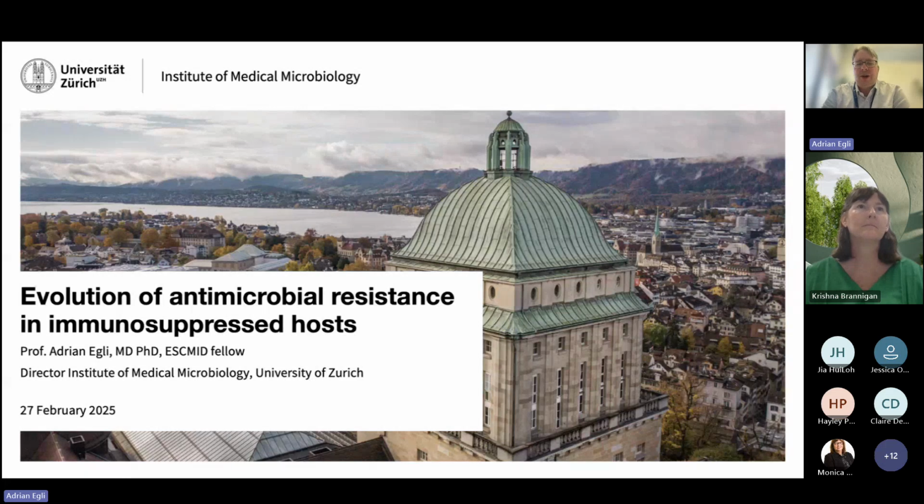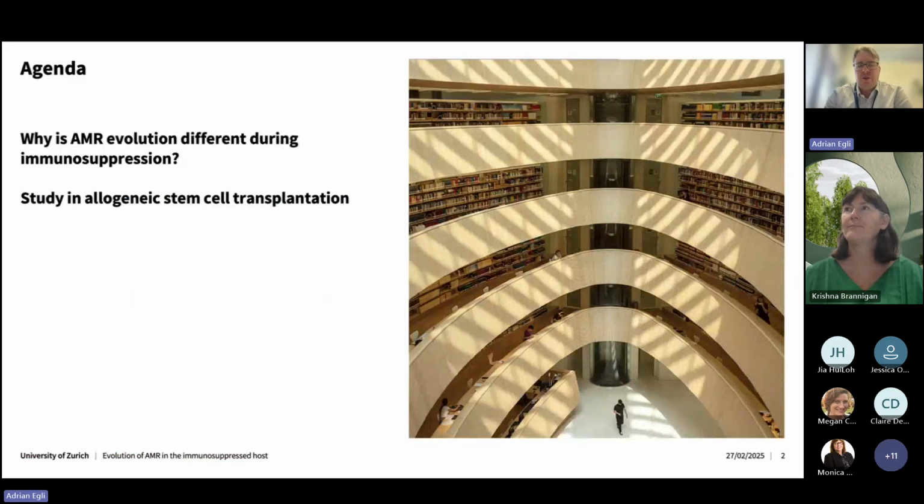So we'll talk about the evolution of AMR in immunosuppressed hosts. And what I would like to do is, first of all, give you a bit of theoretical background why there's a direct connection of immunosuppression to the risk of AMR evolution. And then I will showcase that with an example from the literature, a study which I find is extremely elegantly done.